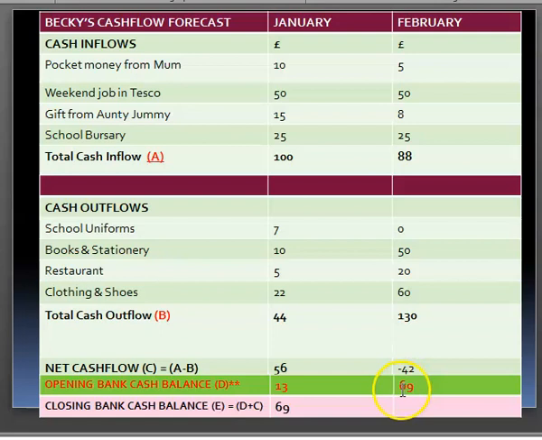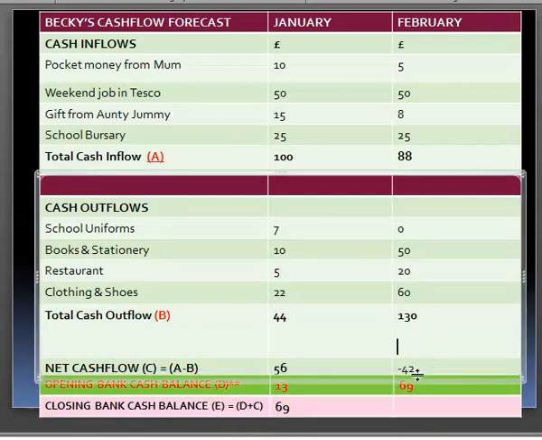Okay, now remember you've got your opening balance here, which is £69. So what you want to do now is to calculate your closing balance at the end of February. Your closing balance, which is section E, is going to be D plus C. That is to say minus 42 plus 69.